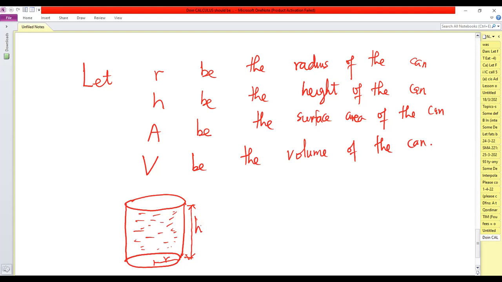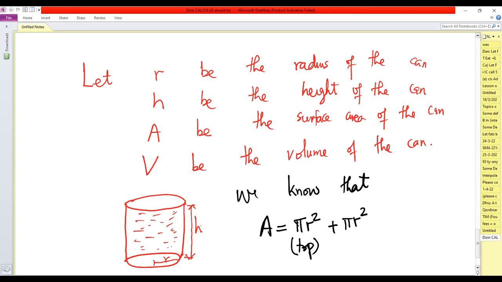We know from high school mathematics that the surface area of this cylindrical can is given by pi r squared, which is the top surface, plus pi r squared, which is the area of the base, plus 2 pi r h, the curved surface area.